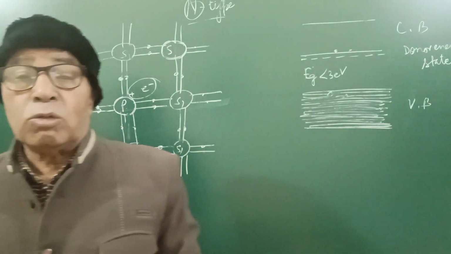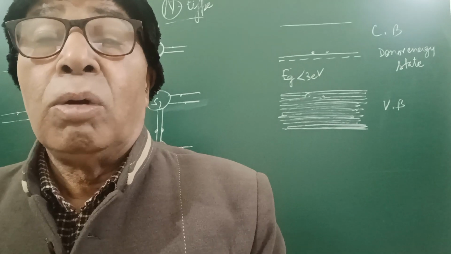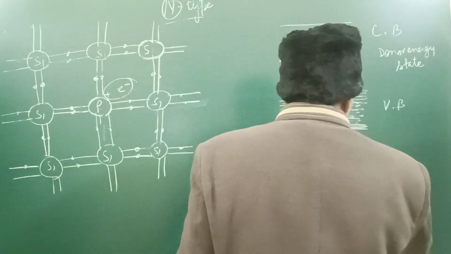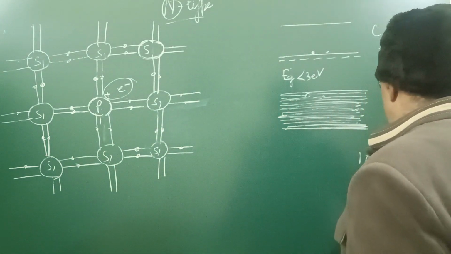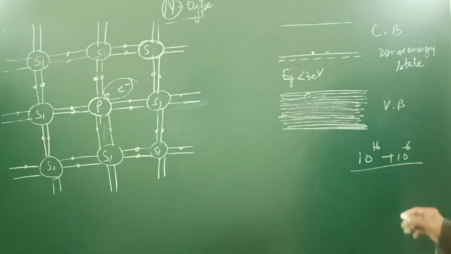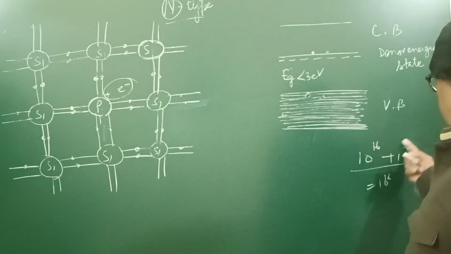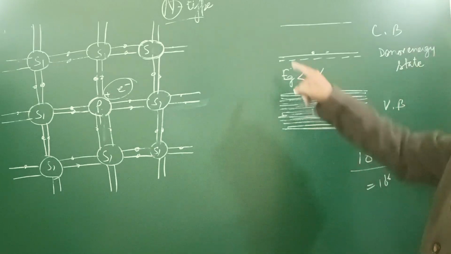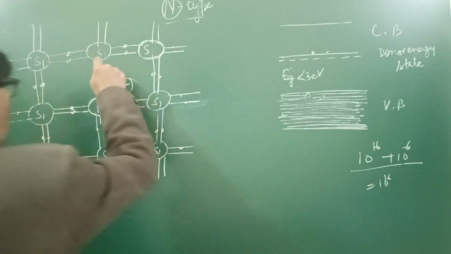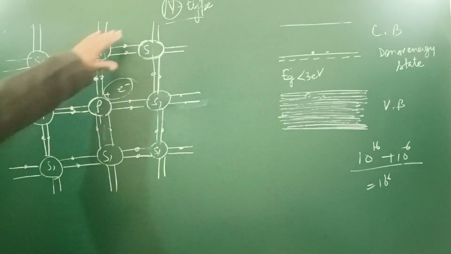N-type semiconductor is called so because it has negative charge carriers in majority. And holes, I will tell the number. It is like if I ask you to add 10 to the power 16 to 10 to the power 6, what will you say? The result will be 10 to the power 16. So ये negligible है. Though they have here holes and electron charge carriers, holes are minority charge carriers. Holes यहाँ होंगे because of intrinsic characteristic of silicon.